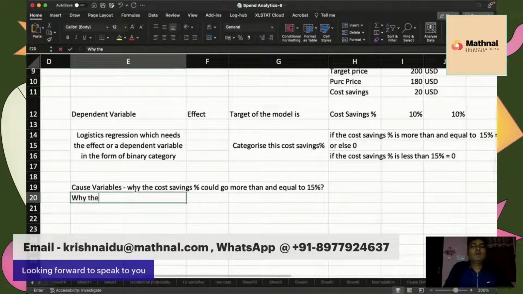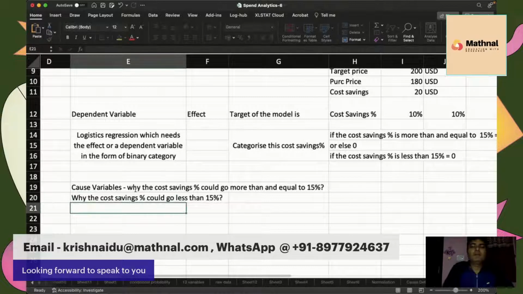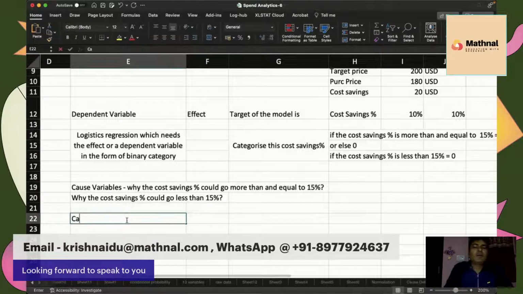Similarly, why would the cost saving percentage go less than 15%, right? So we need to know the reasons, the reasons which can impact the cost saving percentage. Those reasons are called the cost variables. We will name some of the cost variables. We will not build a full-fledged model. We'll build a small model. We keep it very parsimonious.